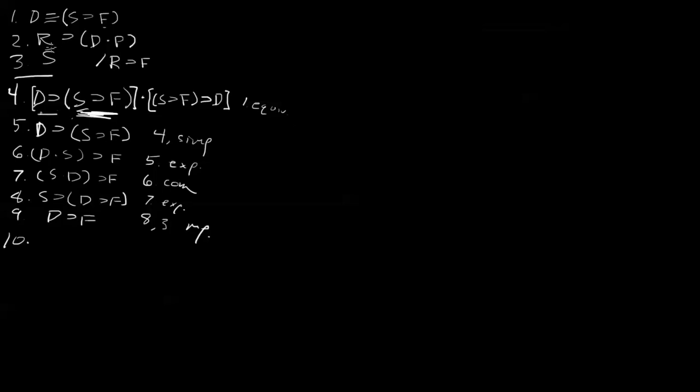And premise 2 says if R is true, then D is true and P is true. And if D is true, then F is true. So if I can get line 2, here's something we haven't really talked about yet. This is premise 2. If R is true, then D and P are true. So whenever R is true, you know D must be true, and you know P must be true independently of each other.